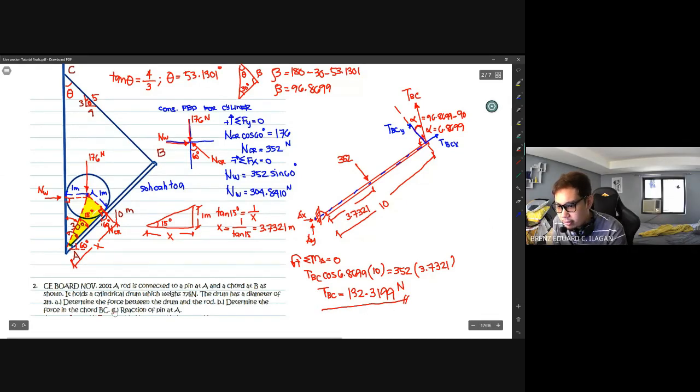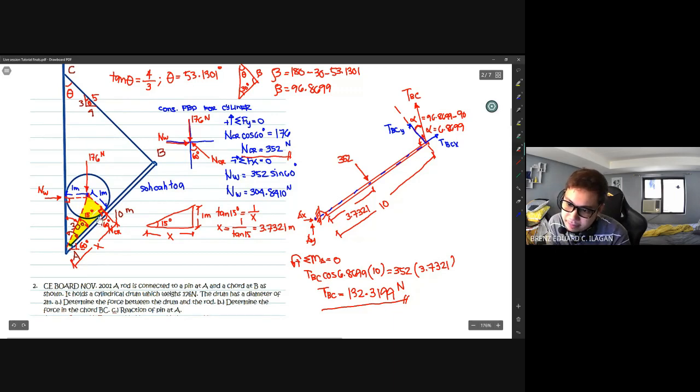Ano pa ba yung isang hinahanap? Determine the force within the row. Itong si NCR. So, last will be for the AX and AY. Paano natin naman guys ma-compute yun? Ang kailangan lang natin gawin dito ay, ano tong angle?